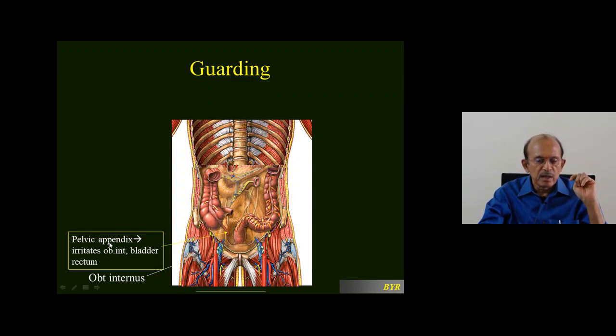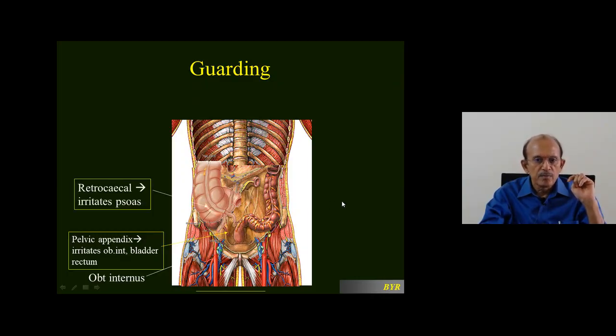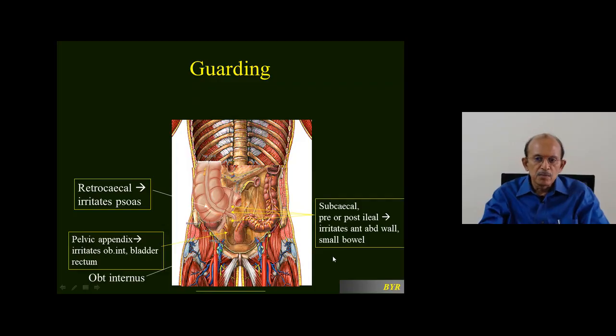So pelvic appendix irritates obturator internus. If of course it is more medial, it can irritate the bladder or sometimes the rectum also. Retrocecal irritates the psoas major. Subcecal, pre-ileal or post-ileal irritates the anterior abdominal wall, and the pre-ileal and post-ileal can irritate the ileum also.